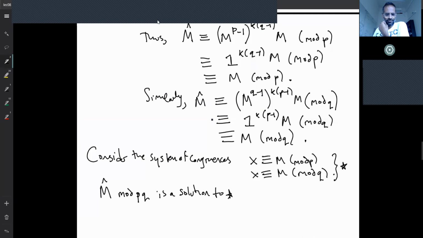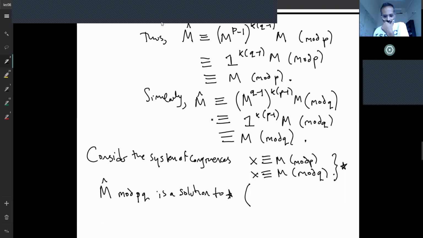So by the way, why is it okay to replace m hat by m hat mod PQ? Because we know that m is going to be between 0 and PQ. But I'm specifically talking about this m hat over here, so we're not talking about m yet.